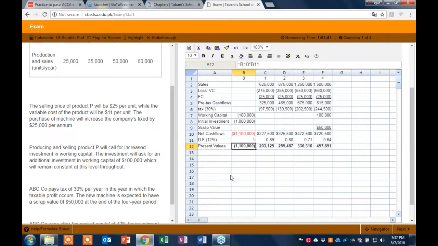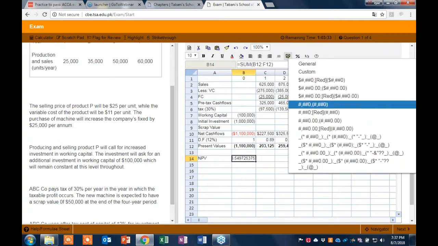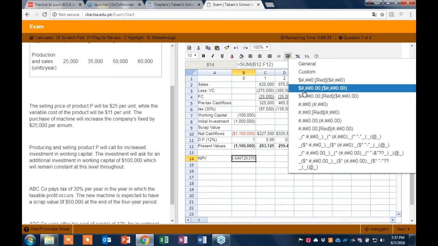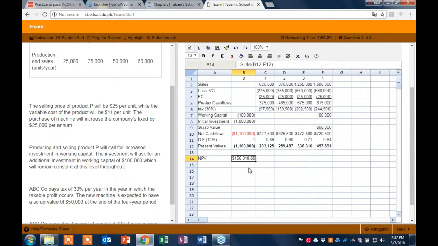So we've got present values for every year. And now in order to calculate the net present value, we just need to sum all the values from this cell to this cell and change the format. So here is the net present value of this project.